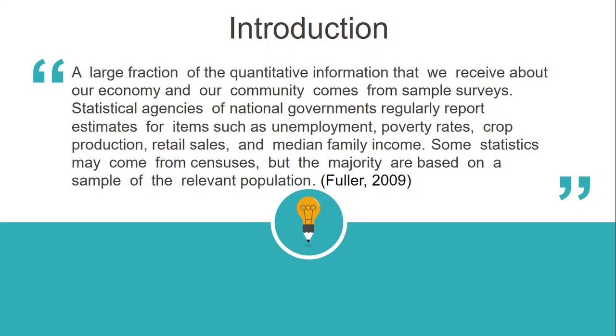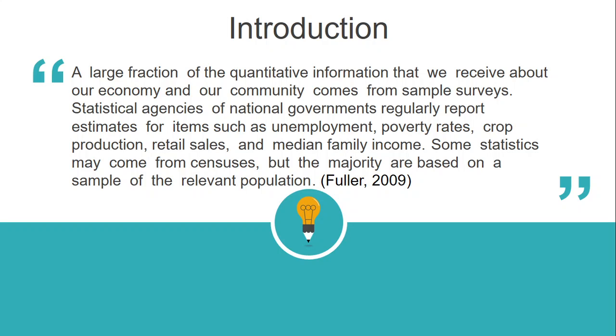It could be an individual from the people, an object, or another thing, for example, text, videos, or media. So we select a representative from the population, and that's called sampling.